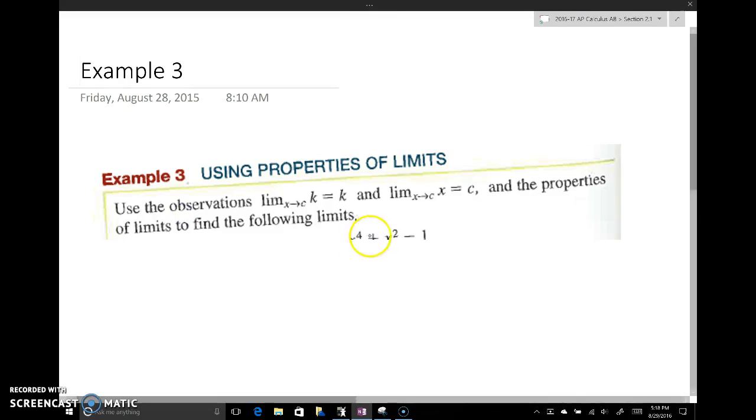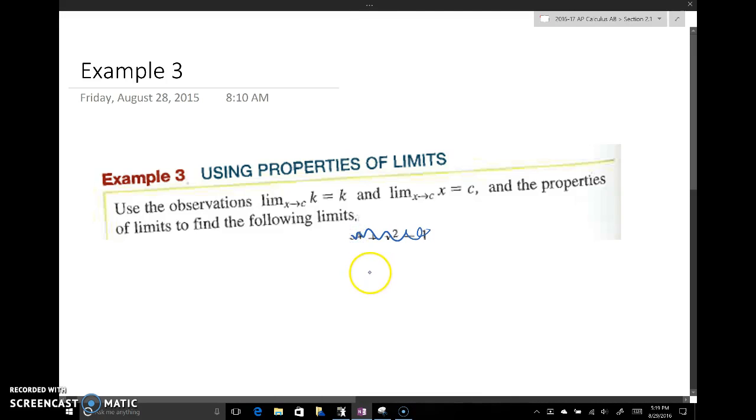Okay, so here we've got x, it's cut off, but I think that's x to the third plus 4x squared. I would just make up our own one because I don't know what this one is. So we're going to do x to the third plus 4x squared minus 3. And we're going to try to take our limit as x approaches c.